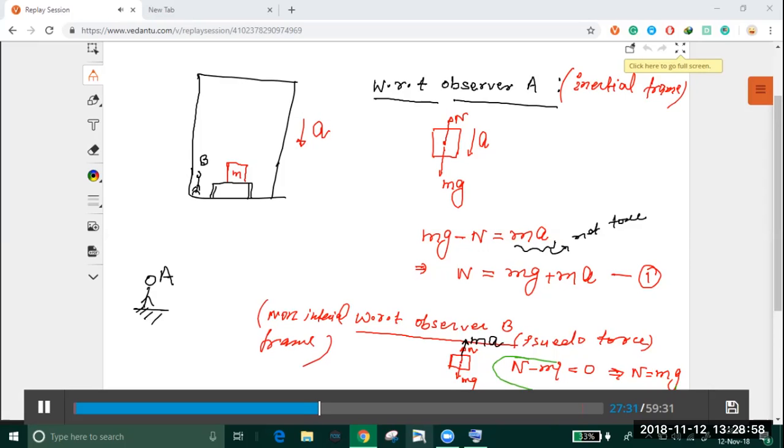So to correct it, I apply the pseudo force. Now by applying a pseudo force, I can apply Newton's law in a non-inertial frame. So the conclusion is what?